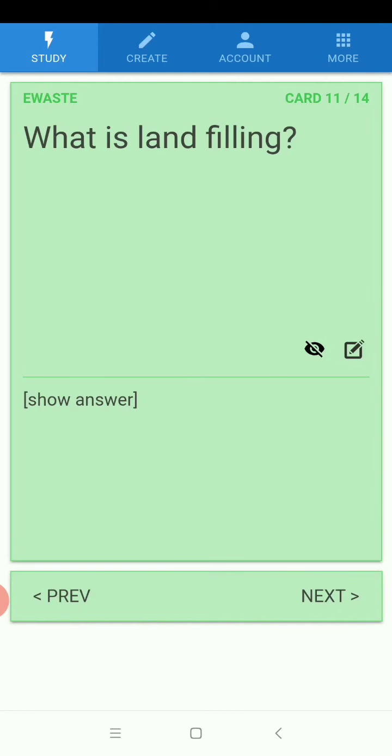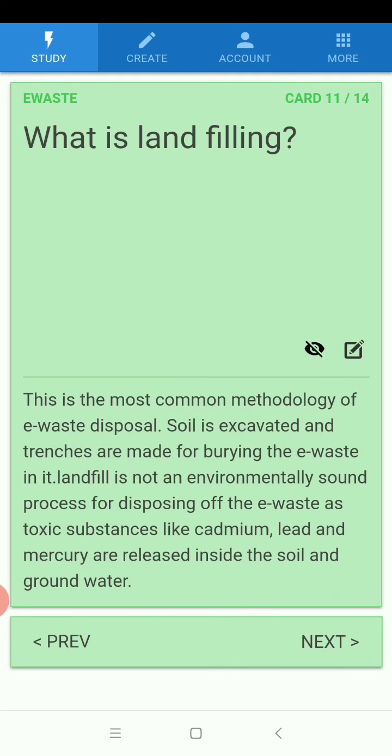First is landfilling. Landfilling is a process in which soil is excavated and large pits are made for burying the e-waste. Now the disadvantage of this method is that various toxic substances are released into soil.